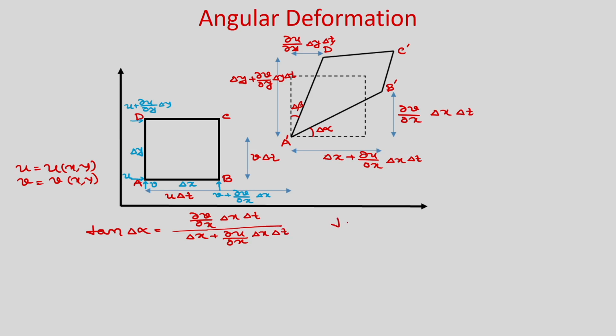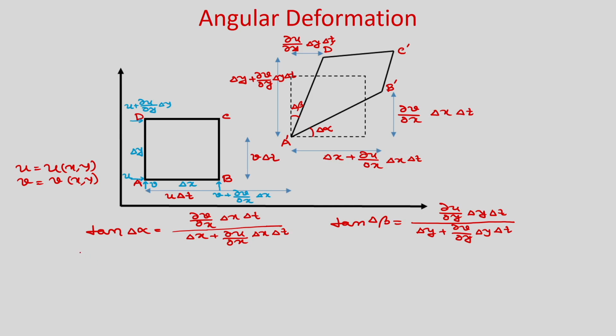Similarly, tan delta beta will be del u by del y delta t divided by delta y plus del v by del y delta t.